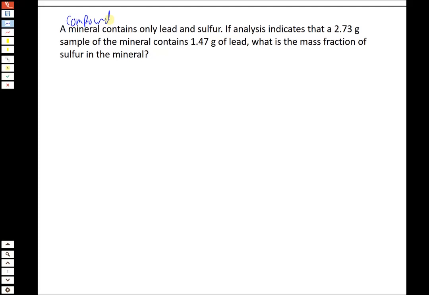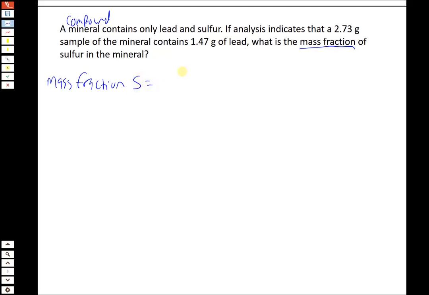Well, here we're giving you masses, and we're asking for the answer as a mass fraction. And so for that, we don't need to even worry about number of moles. We have masses, and we're just going to use them directly. So what we're looking for is the mass fraction of sulfur. Now, we've usually worked more in terms of mass percent, but mass fraction is closely related. So the mass fraction of sulfur, if that's what we're looking for, let's write that out explicitly.